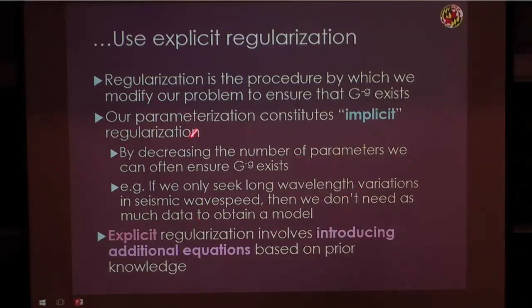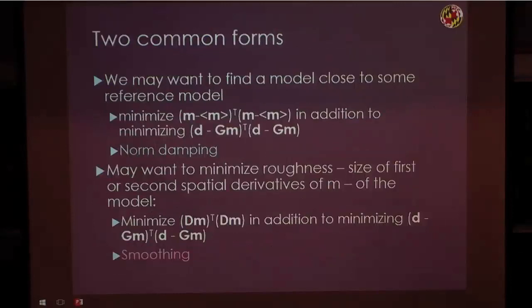However, sometimes you can't do that, or you choose not to do that. And in that case, you have to explicitly fiddle with the problem by introducing additional equations. So you take the equations that you have, which form the relationship between data and model parameters, and then you just make up new equations. Literally, you write down other equations that you need to have.